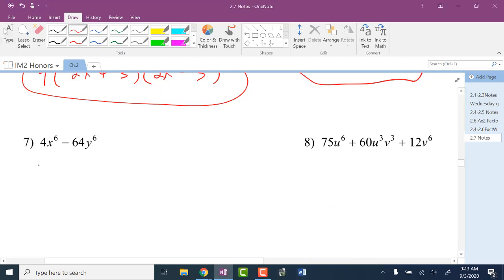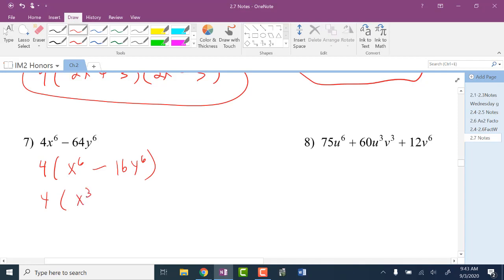So yes, in the chat, we got a 4. And then, okay, is this still a difference of two perfect squares? Because we have a difference, and I have two perfect squares. Well, let's check. What's the perfect square of x to the 6th? Put it in the chat. It is x to the 3rd.